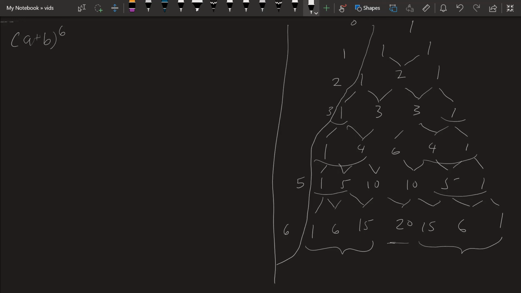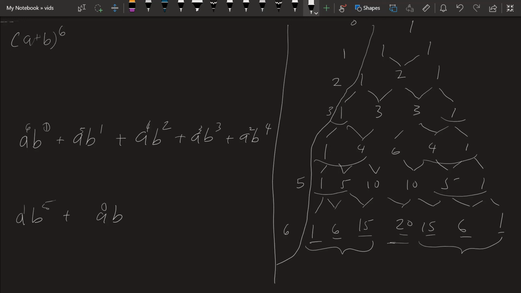So these are all the coefficients: 1, 6, 15, 20, 15, 6, and 1, right? So let's substitute in the numbers: ab, ab, ab, ab, ab, ab, and ab, right? 7 terms. a is raised to the power of 6, 5, 4, 3, 2, 1, and 0. b is raised to the power of 0, 1, 2, 3, 4, 5, and 6, right?